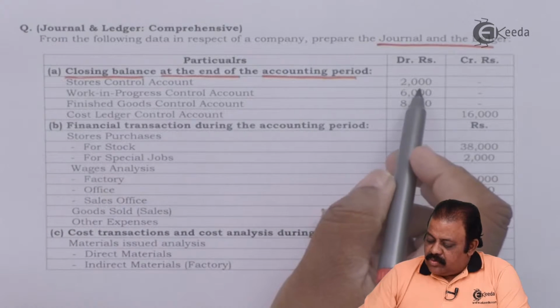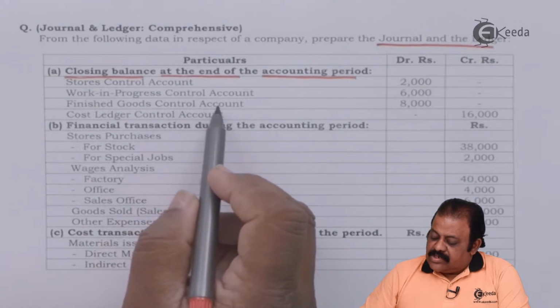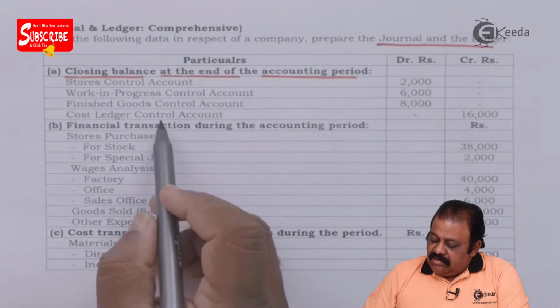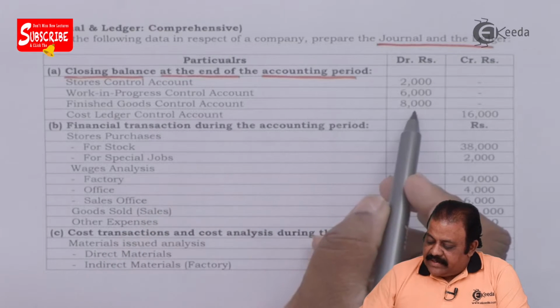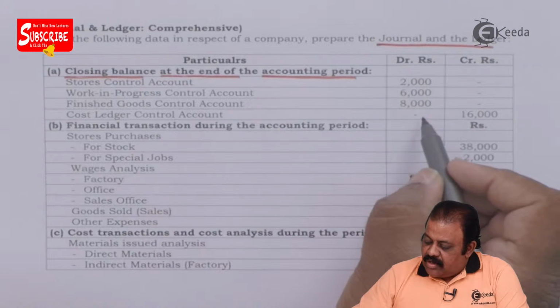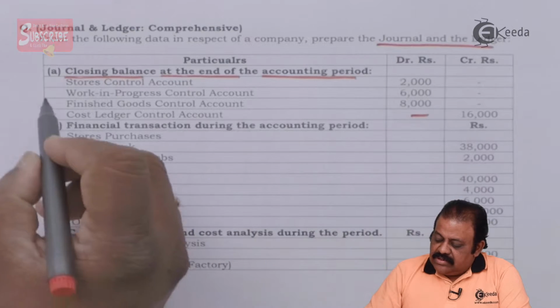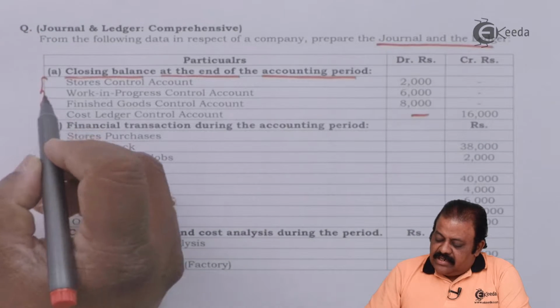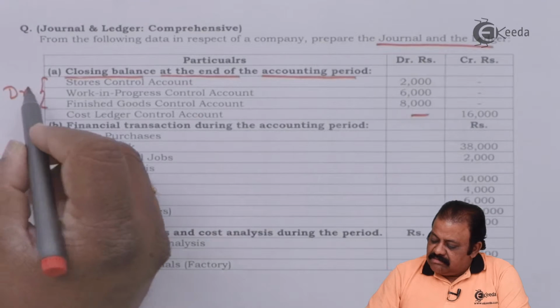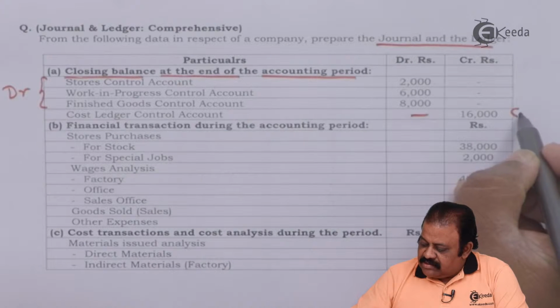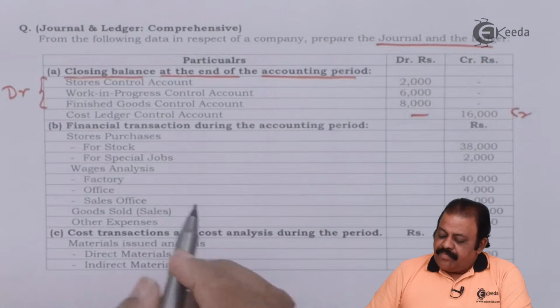Stores control account 2000, work in progress control account 6000, finished goods control account 8000, cost ledger control account 16000. The first three are debit balances and this one is a credit balance.